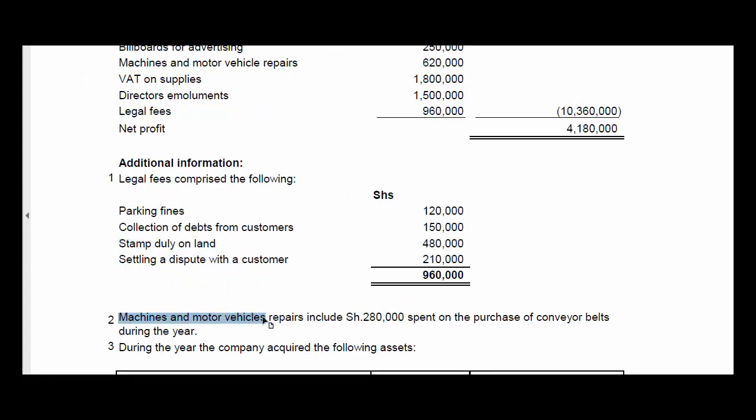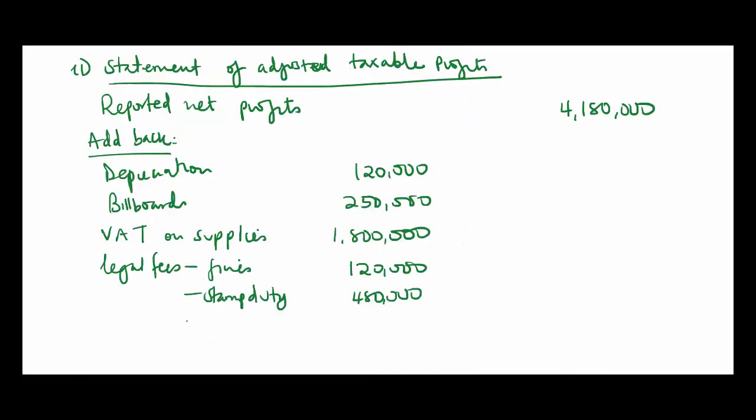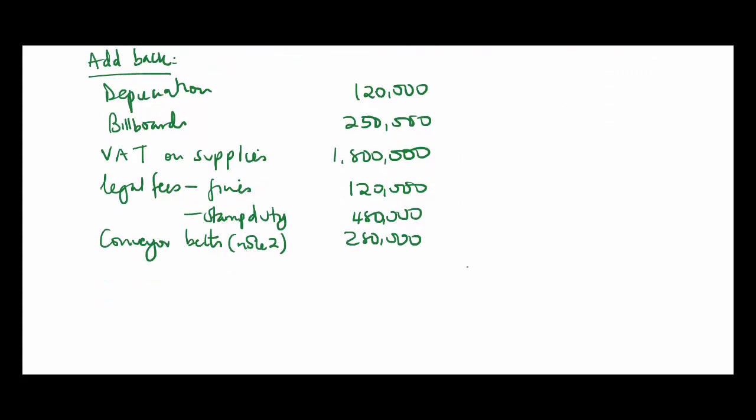Then total machines and motor vehicle repairs, so these expenses included the conveyors, which we capitalized, 80. This is from note 2. So we need to add back all those, which when I add them up gives me 3050.